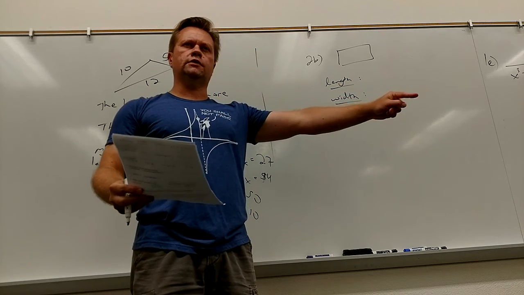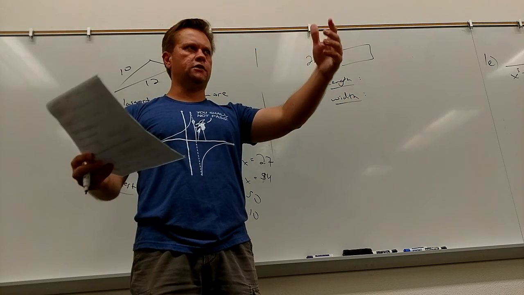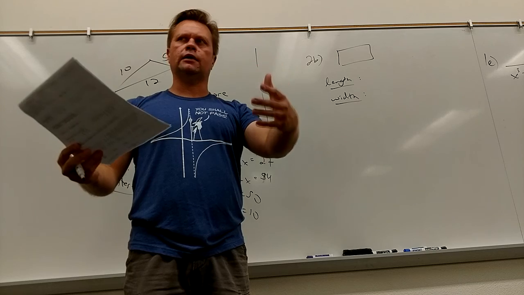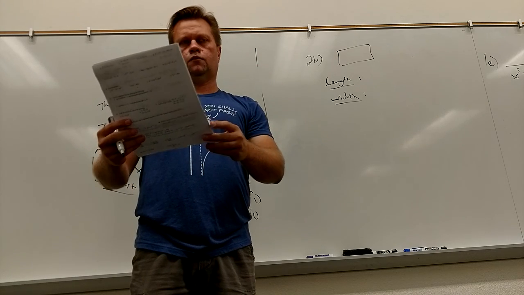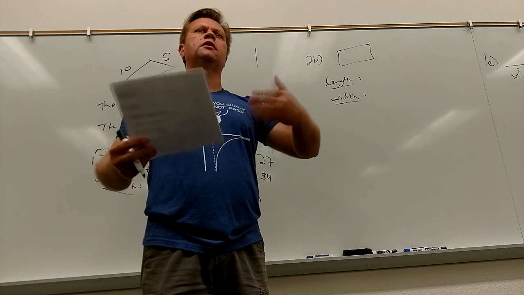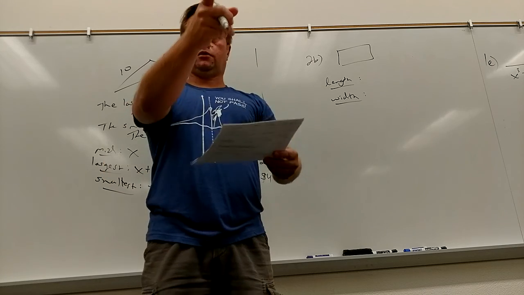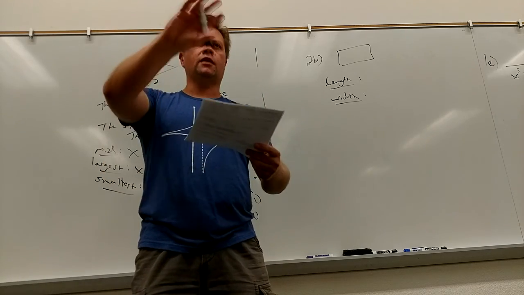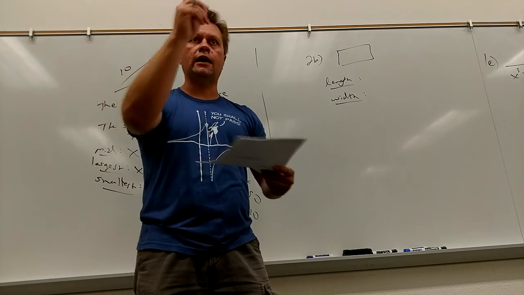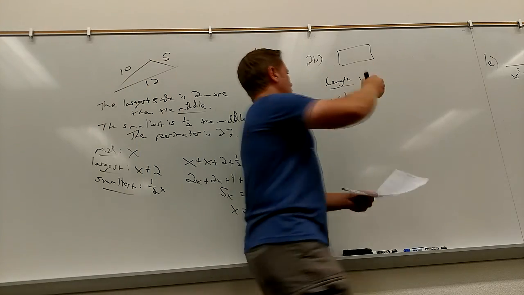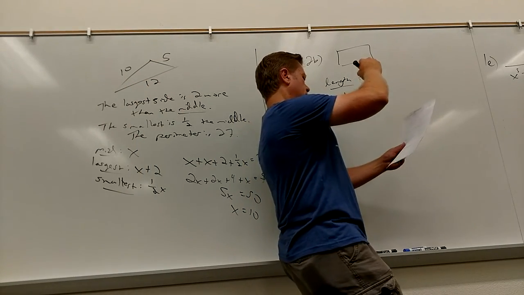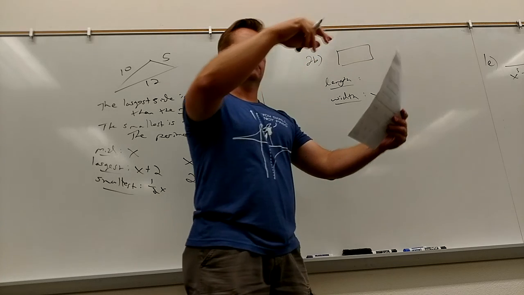Now you're going to start translating into Mathish, and normally the first step for that is who's going to be just X. So who does the other thing depend on? The width. I have to know the width first, and then I can do things to it to figure out what the length is. So I'll call the width X or W, whatever. And then what's the length going to be? 3x plus 2.